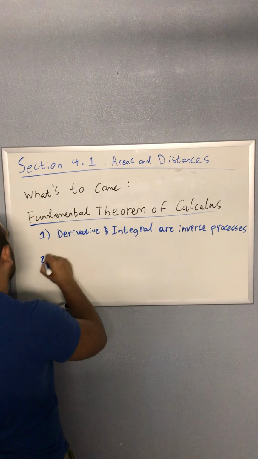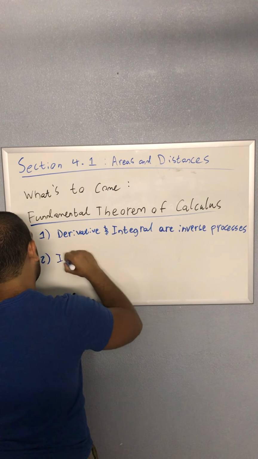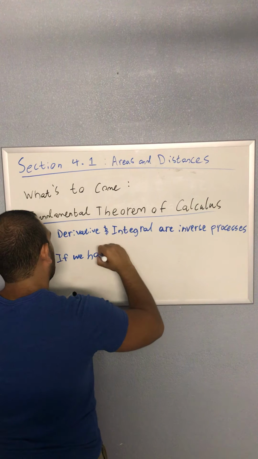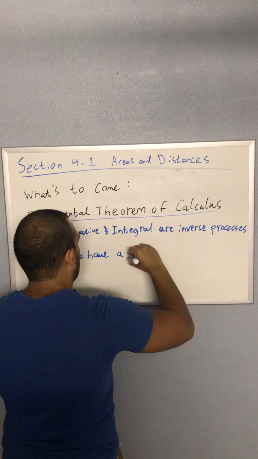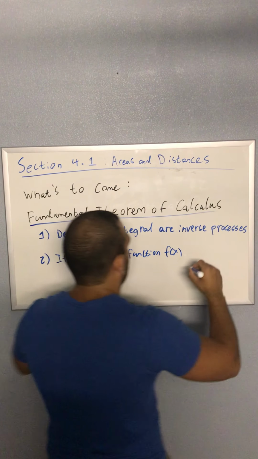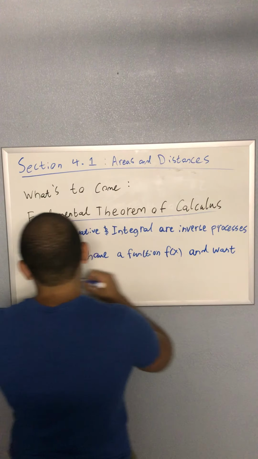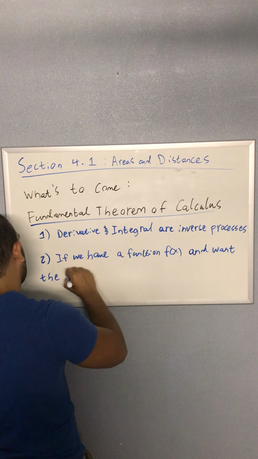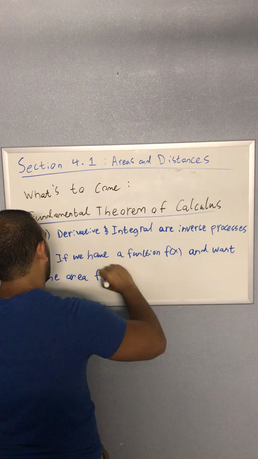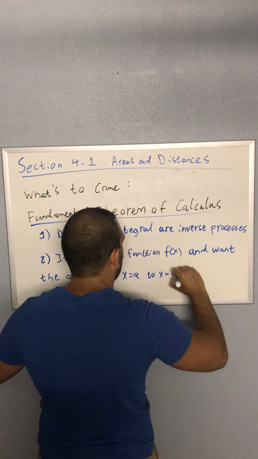And the second one is that if we have a function f of x and want the area from x equals a to x equals b.